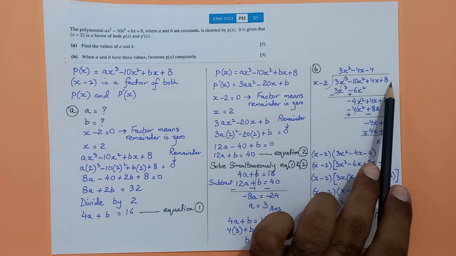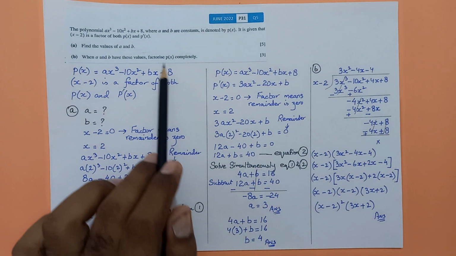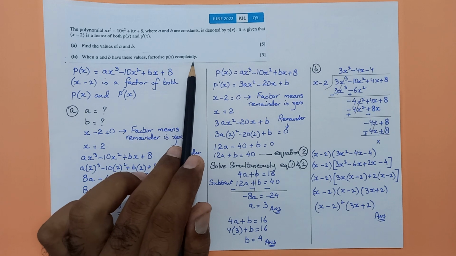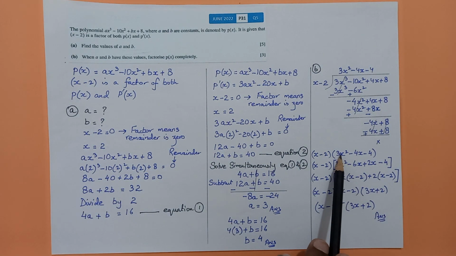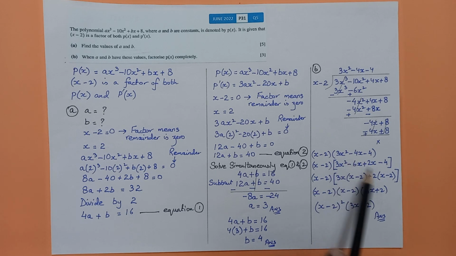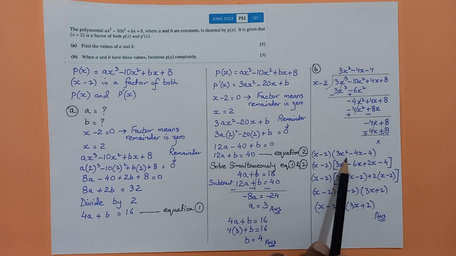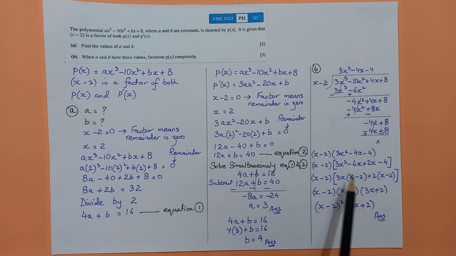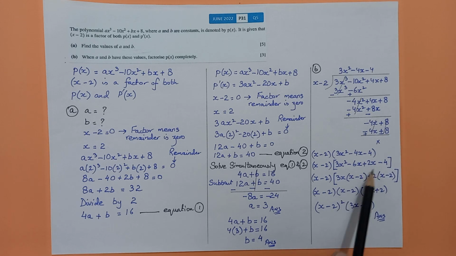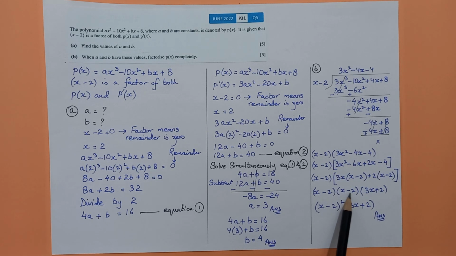Because it was mentioned factorize completely, so simply now use a middle term break, or you can go for the factorization process, and then get the two factors from this particular quadratic, and after using the middle term break process, we can see that we have further divided this quadratic into two factors.